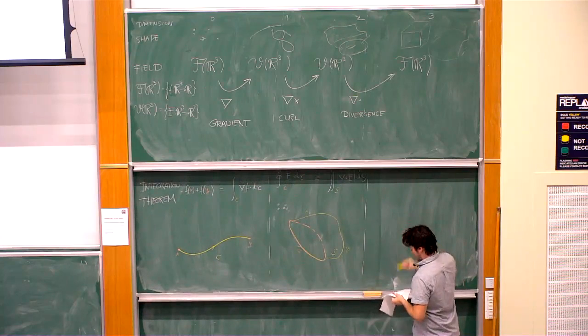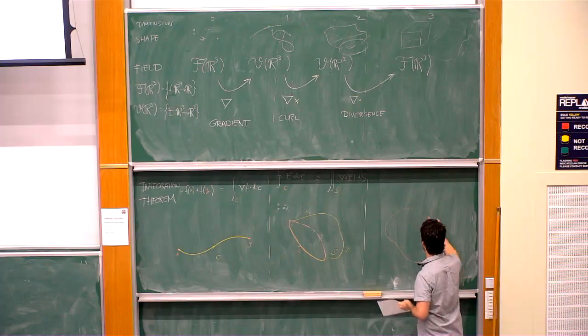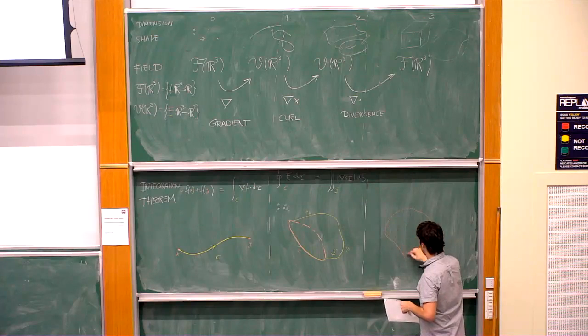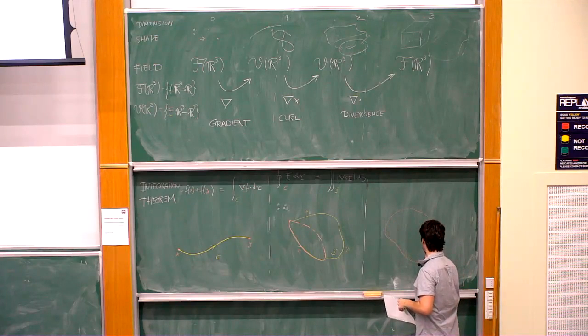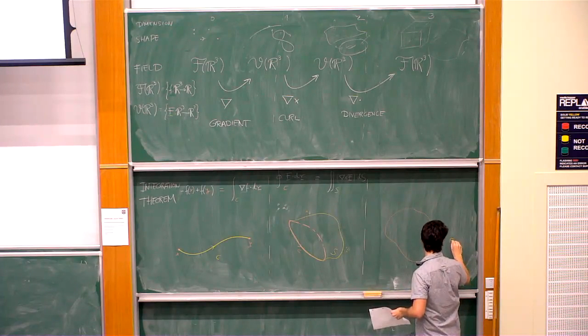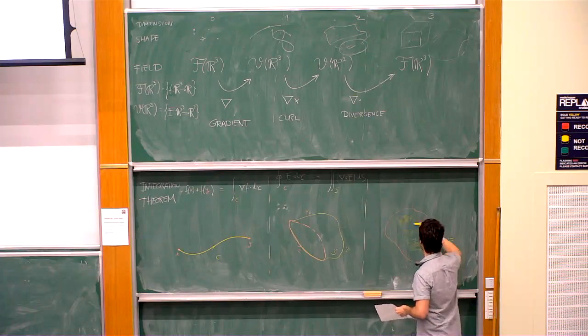I'm going to draw the boundary first. My boundary is going to be some bulk like this. It is the shell of this bulk. This is S. And then what's inside is E, right? So E is whatever is inside.